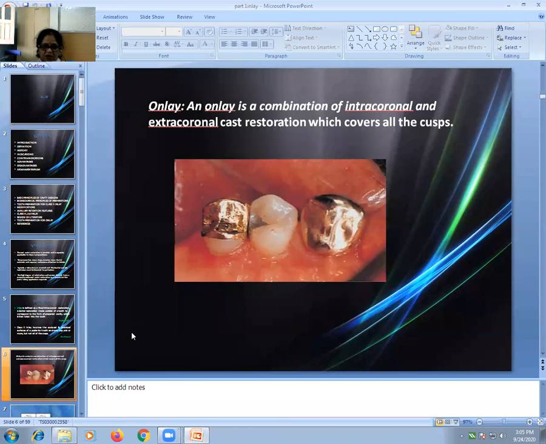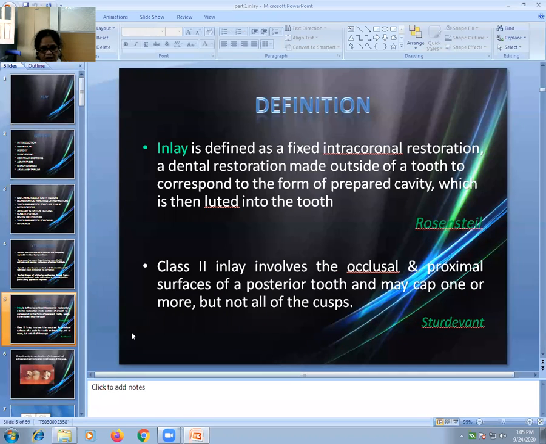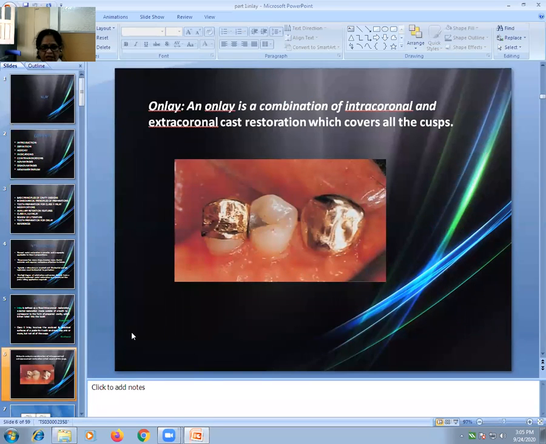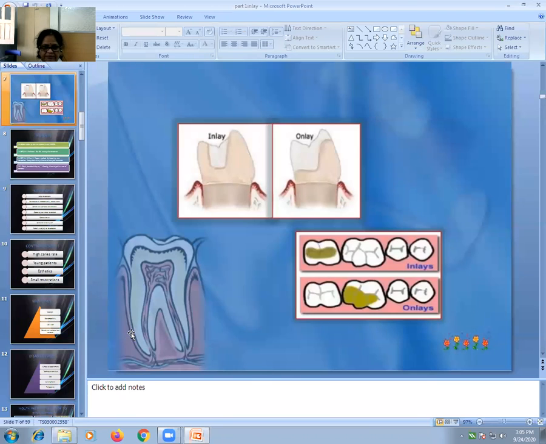And what is the onlay? It is a combination of intracoronal and extracoronal cast restoration, which covers all the cusps. So there is only a small difference in the definition. Both are intracoronal restorations. Here, only one or more cusps will be capped, but in the onlay, all the cusps will be covered.